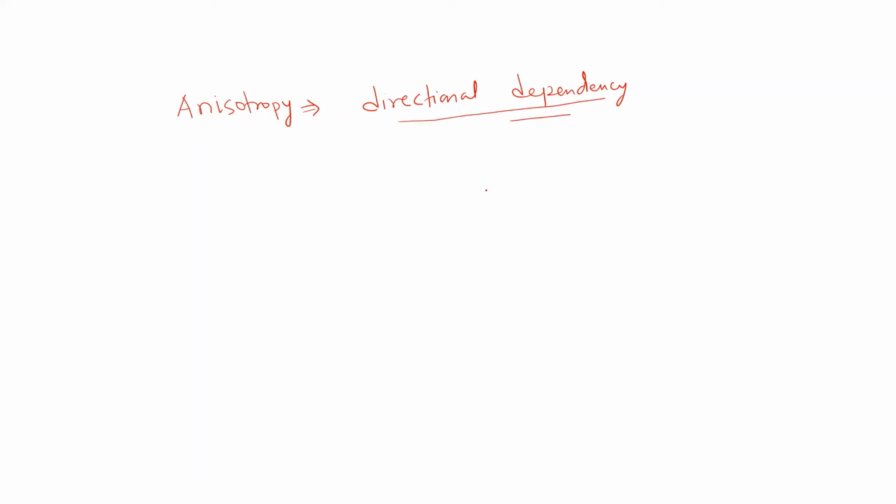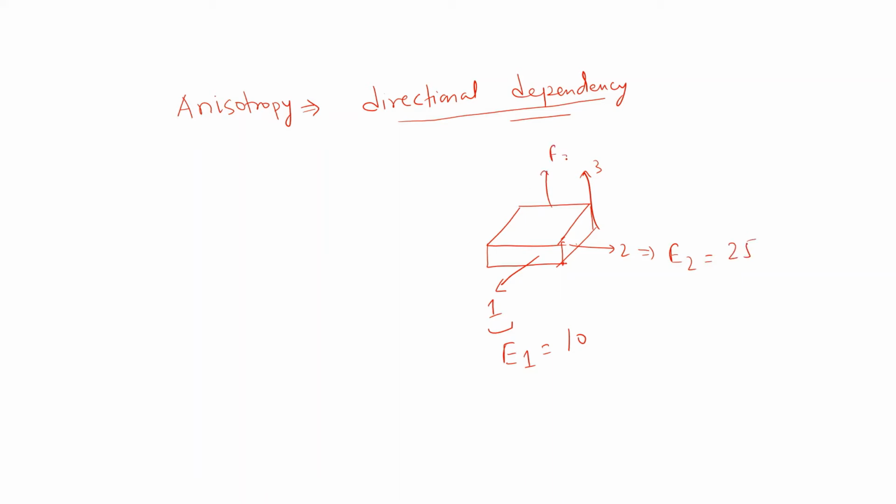Suppose a material has the modulus of elasticity in one direction, this is direction 1, this is direction 2 and this is direction 3. The modulus in direction 1, E1, is suppose 10, in direction 2, E2, it is 25, and E3 it is 50.